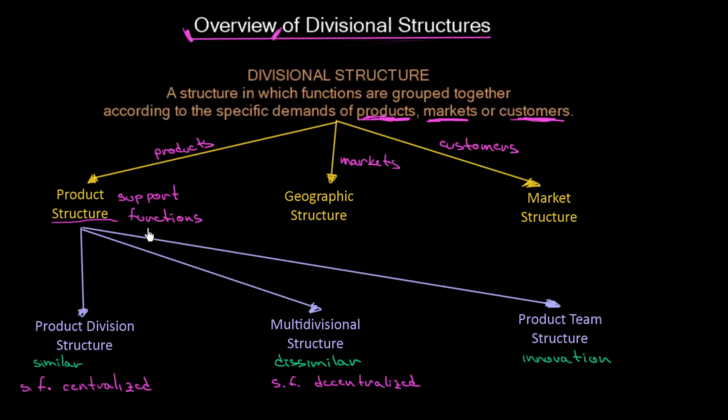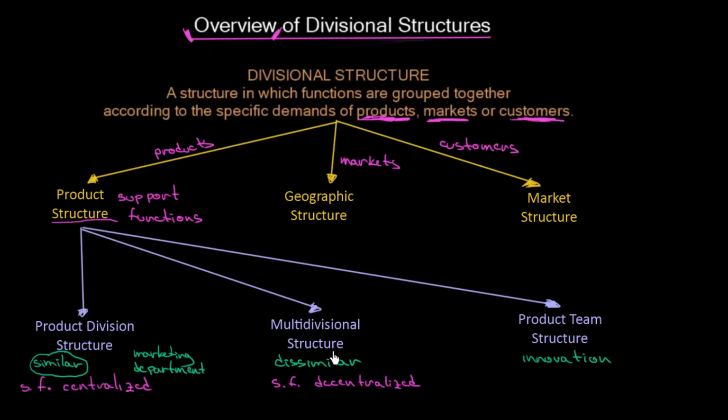Well, you can imagine that support functions are expensive to operate. Of course, you would like to have a marketer for each particular product, but that's just not possible because that's too expensive. If your products are similar, as in the case of a product division structure, then you can have your support function centralized, so that you have just one marketing department handling the marketing of all your products.